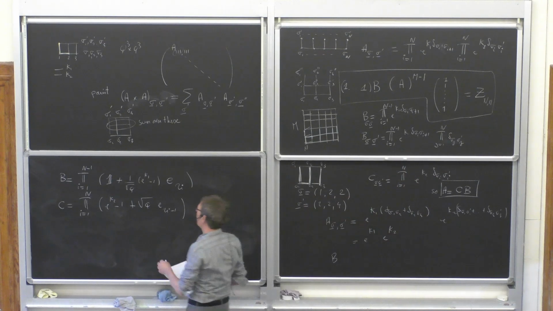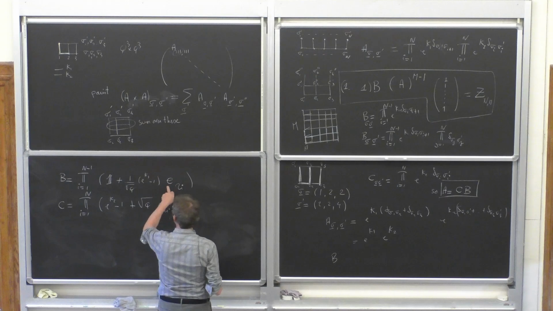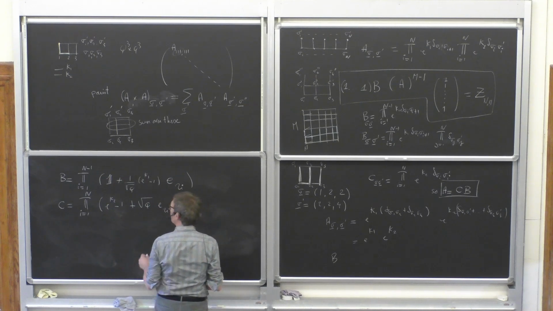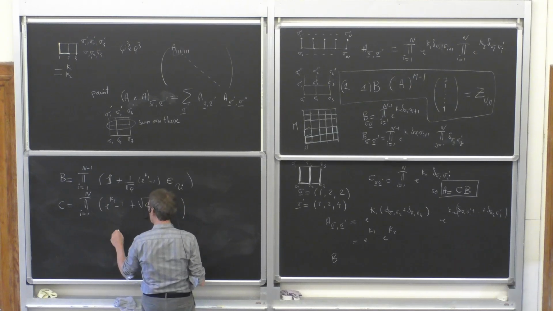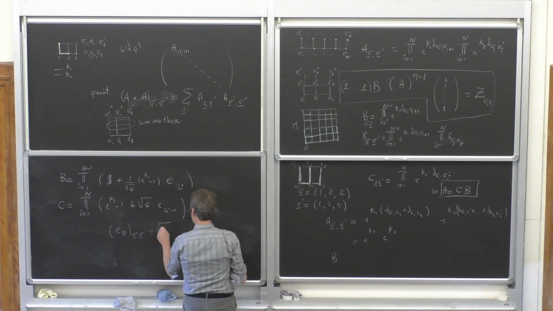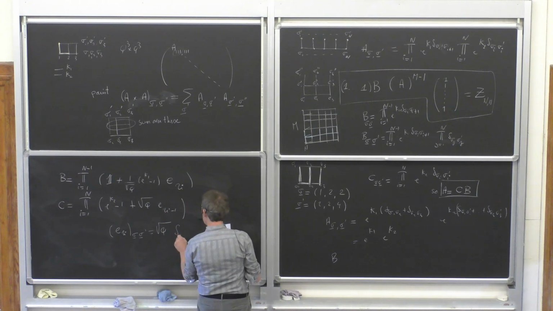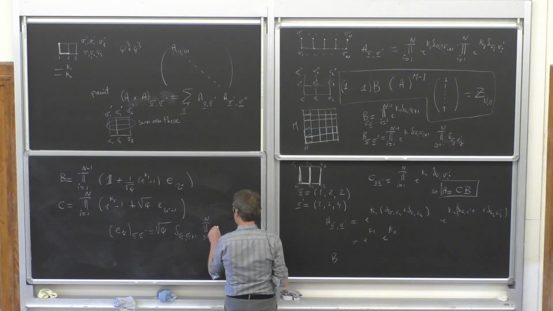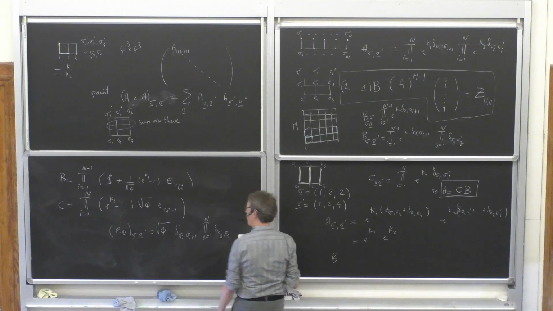So I should make sure that the matrix elements of E2i are such that when I do this composition, I get exactly e to the k1 delta sigma i sigma i plus 1 for each i. So I'm going to take E2i sigma sigma prime to be square root of q delta sigma i sigma i plus 1 times the product from j equals 1 to n of delta sigma j sigma prime j.